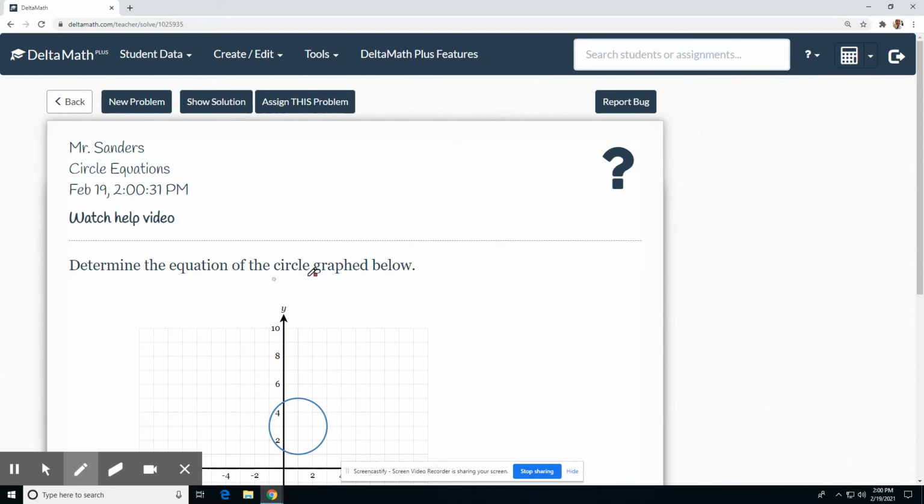Same question, determine the equation of the circle. X minus h. You have it memorized yet? Y minus k equals r squared. All right. What's our center? You can start just estimating it.